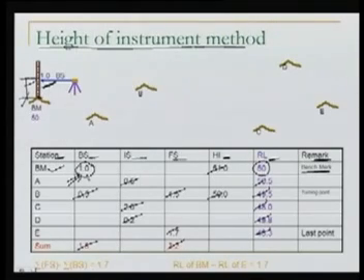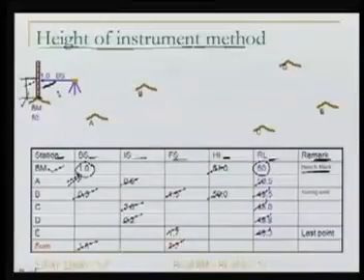Well, next step. Once I know I have taken 1.0, can you now estimate the height of the instrument? What is the meaning of height of instrument? Height of instrument means the moment you have leveled your dumpy level, or an auto level, if you rotate your telescope or line of sight, it will form a plane.